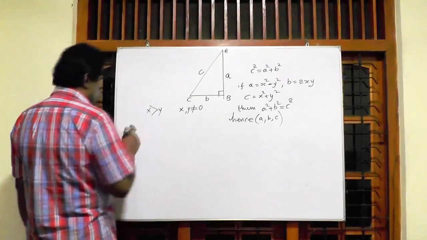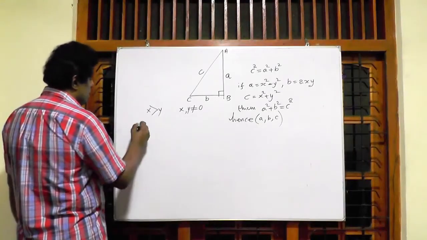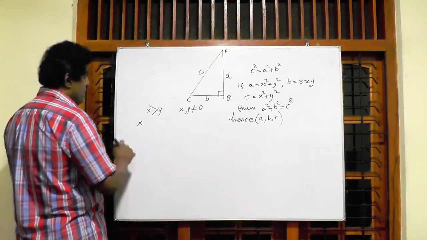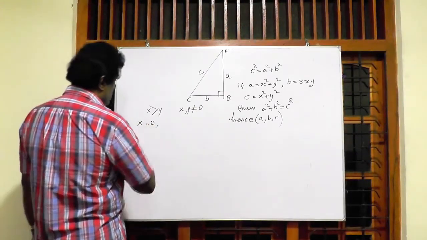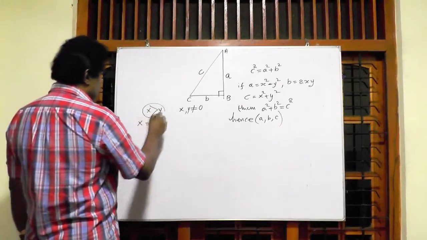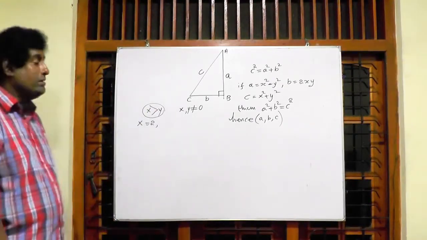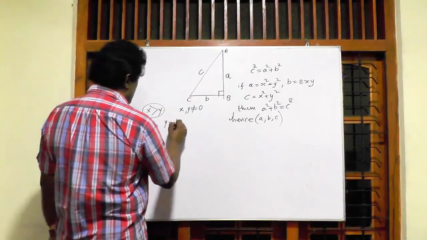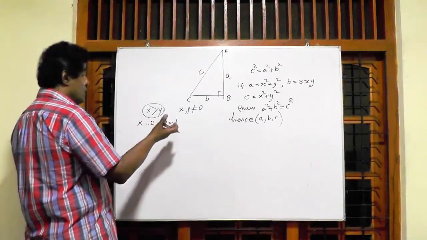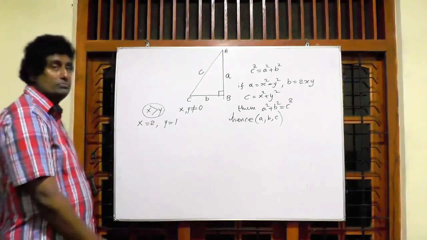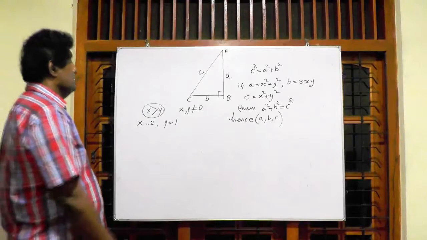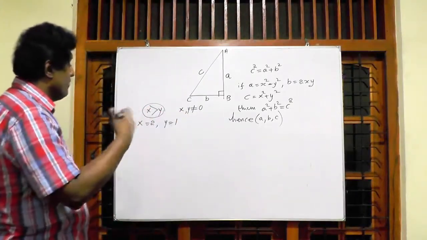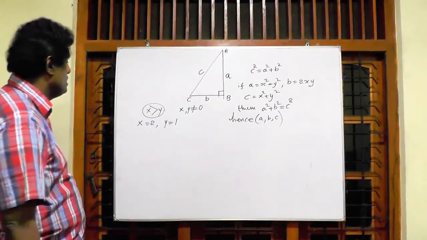I think you know that the smallest value that can be taken for x is 2. Then, according to this, the value of x should be greater than y, so the value of y equals 1 because 1 is less than 2. And the values of x and y are unequal to 0.